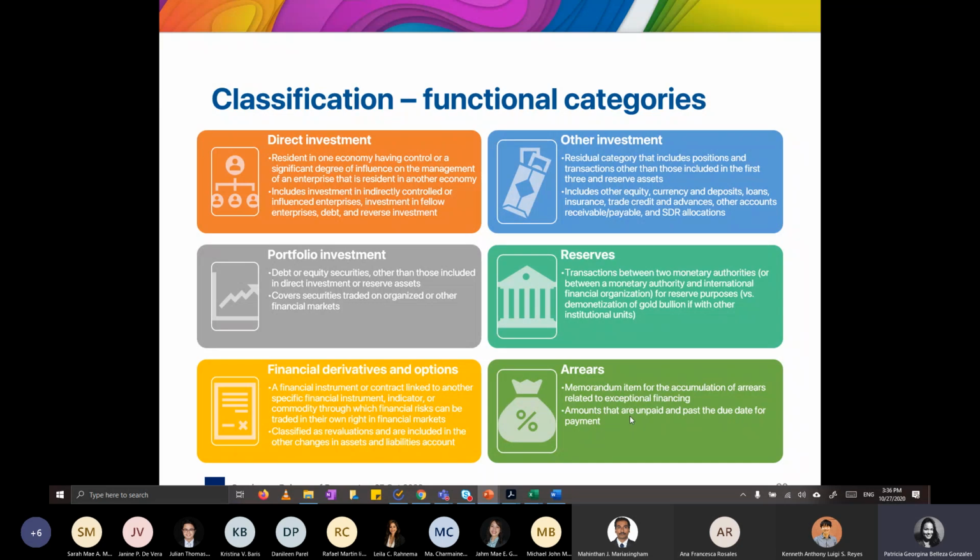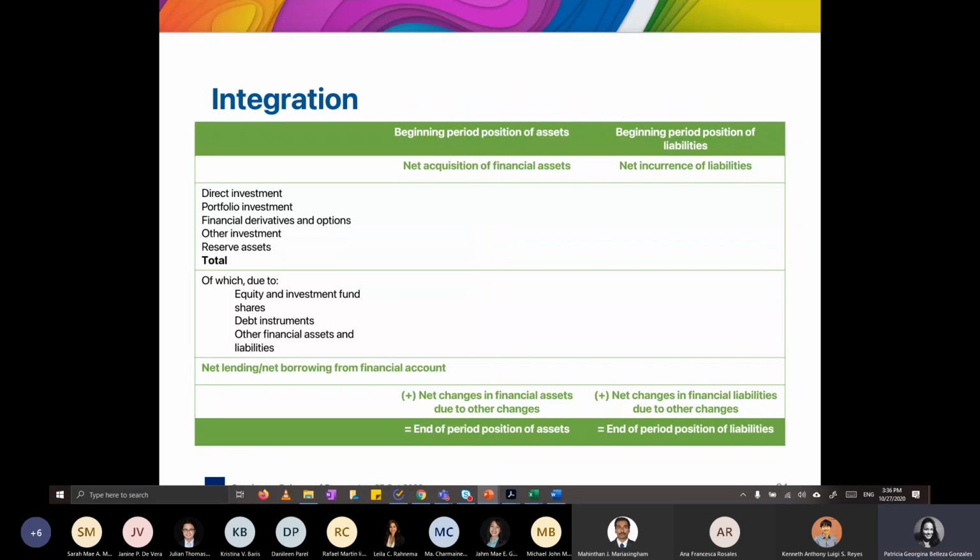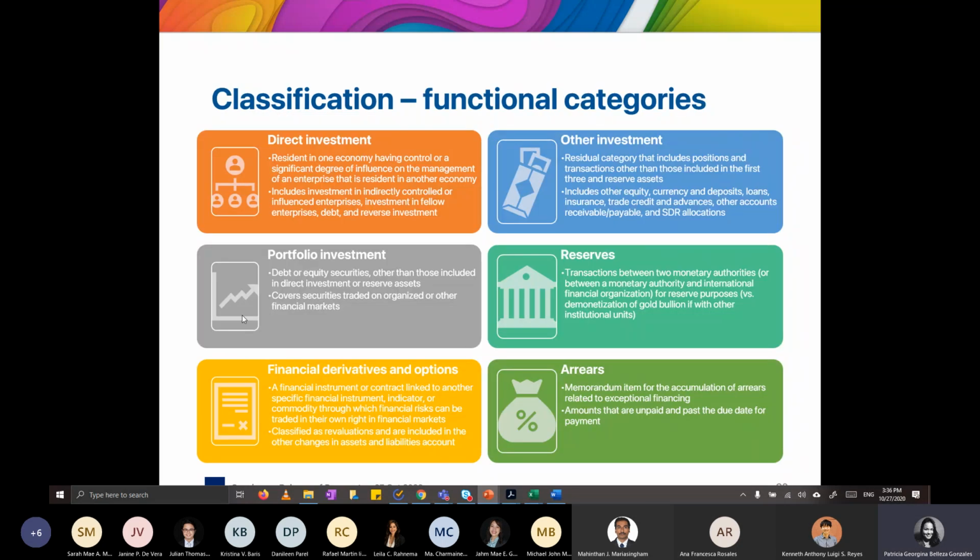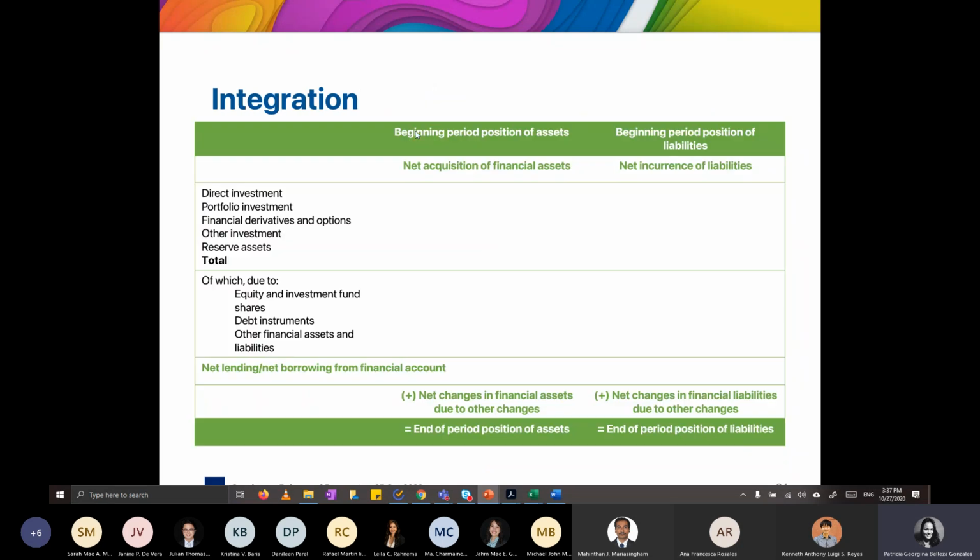Then the unpaid amounts resulting from that change are added into the financial account as a memorandum item under the heading arrears.